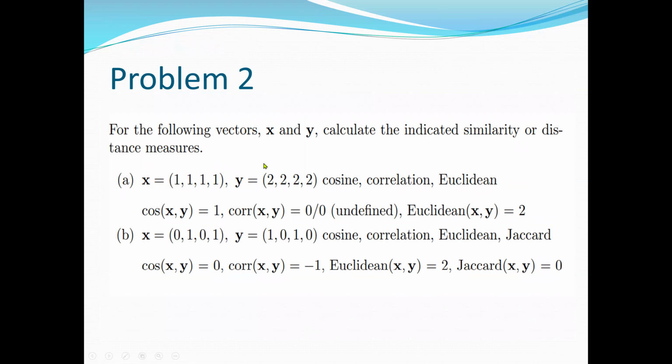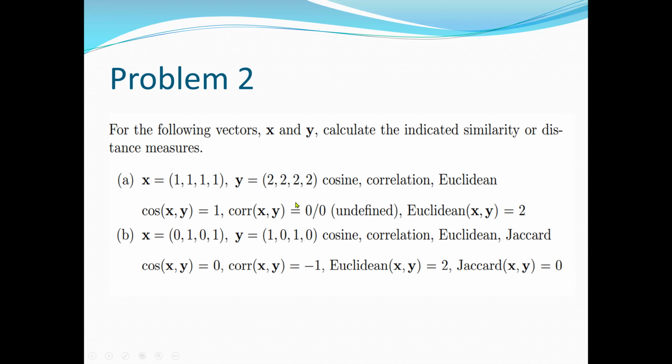Now, for the following vectors x and y, we calculate the indicated similarity or dissimilarity measures. We have x with four values, and y also with four values. We should find the cosine, correlation, and Euclidean. The cosine answer will be 1 based on the formula. Correlation is undefined.